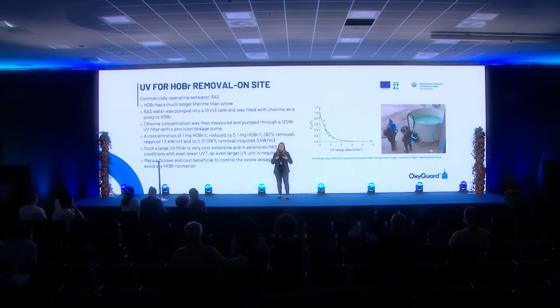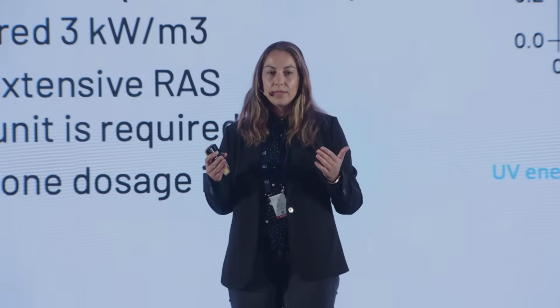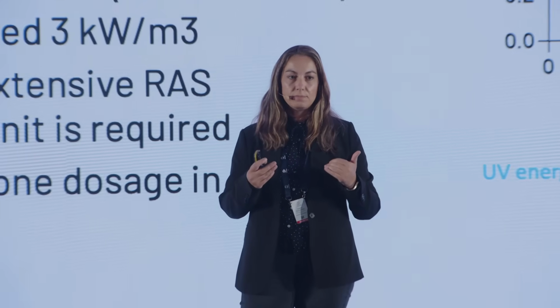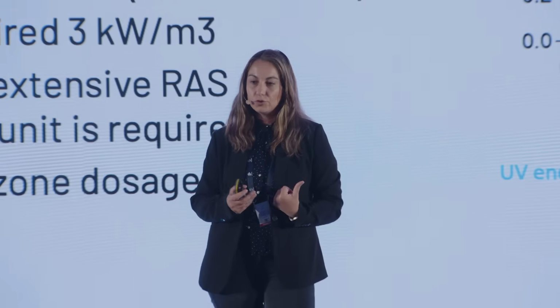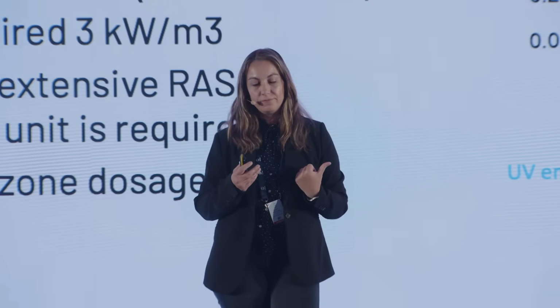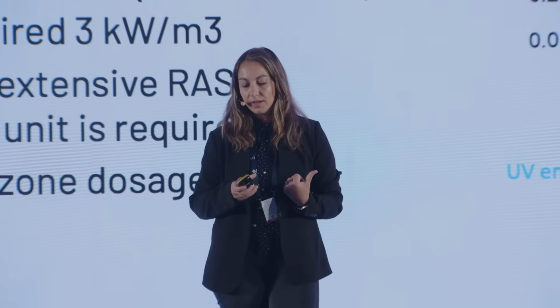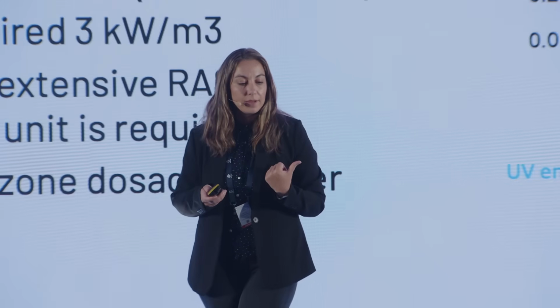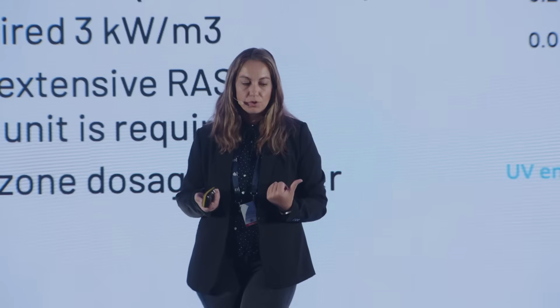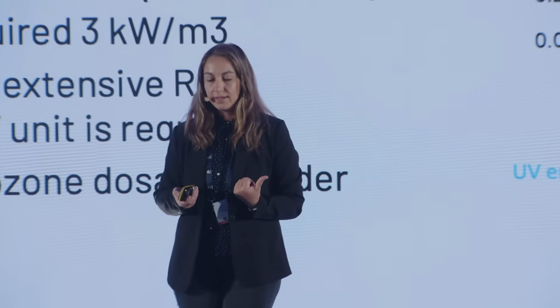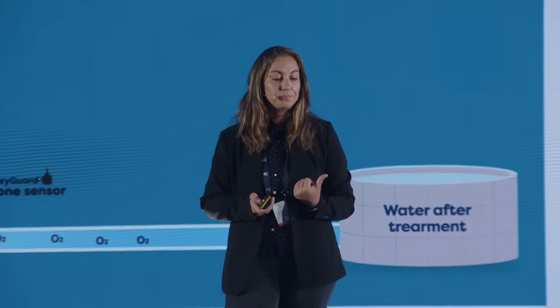So in a big RAS facility with all this water that has to be treated, and with the UVT that is much, much lower than what we use in the side stream, you need a huge UV system, and it's very expensive. So UV is not a solution, and the most obvious solution is never to make this hypobromous acid because it's very difficult to get rid of.